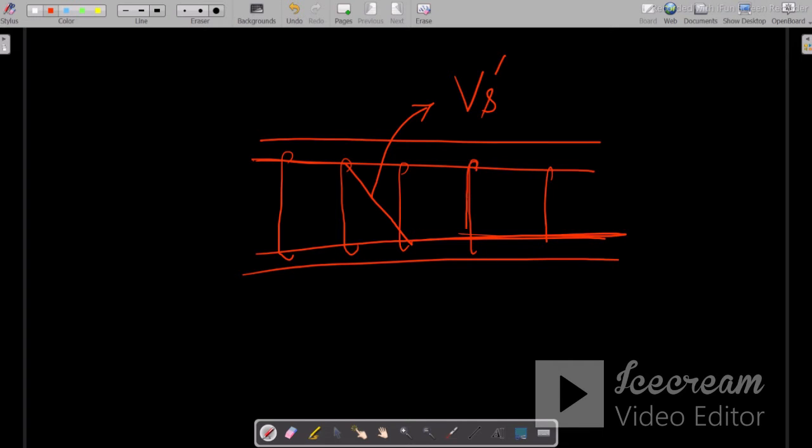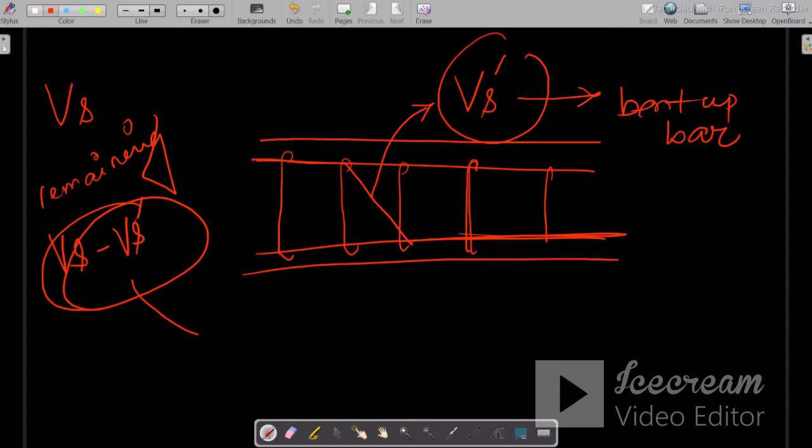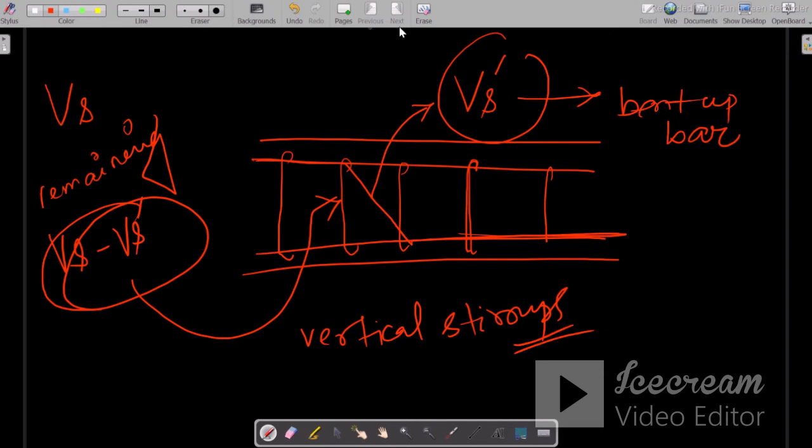For vertical stirrups, the total shear is Vs. What is the remaining? The remaining is Vs minus Vs dash. So the Vs dash portion of shear goes to our bent up bar, and this portion will go to our vertical stirrups in shear design. Okay.